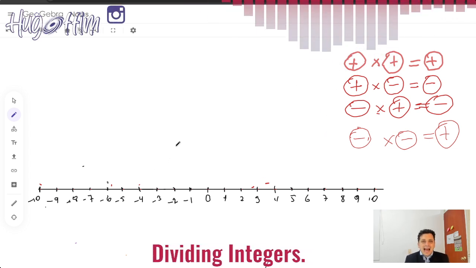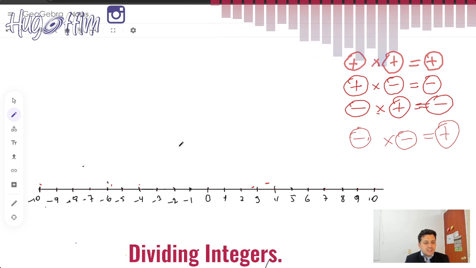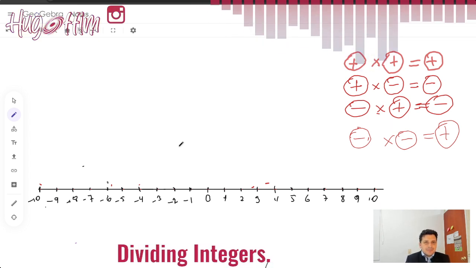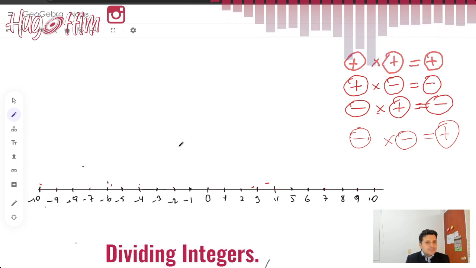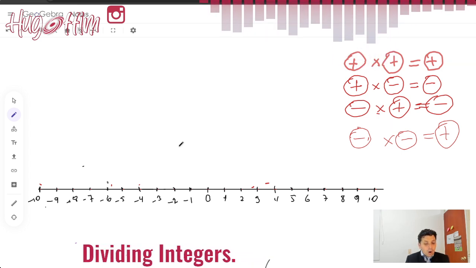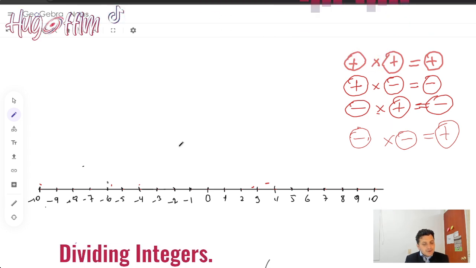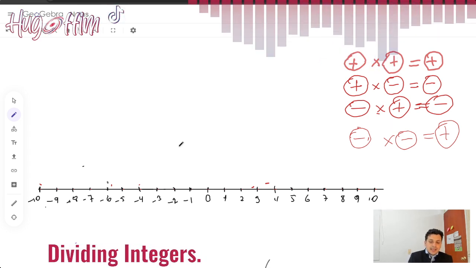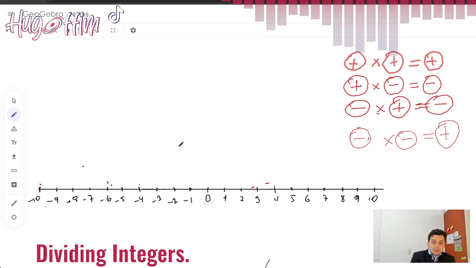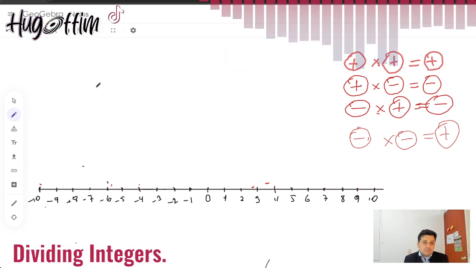But now, how can we get the rules of division by using the rules of multiplication? The idea here is that we're going to use the fact that division is just the inverse operation of multiplying. So if you remember that, you can get any rule that you want. Why?